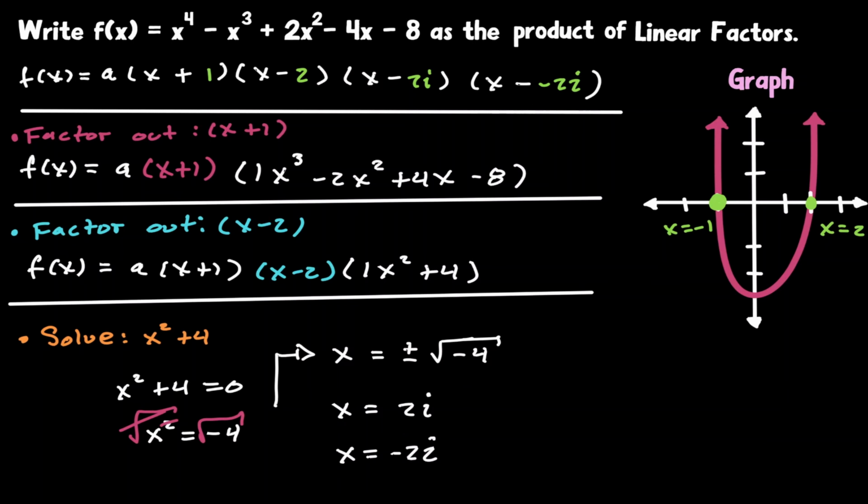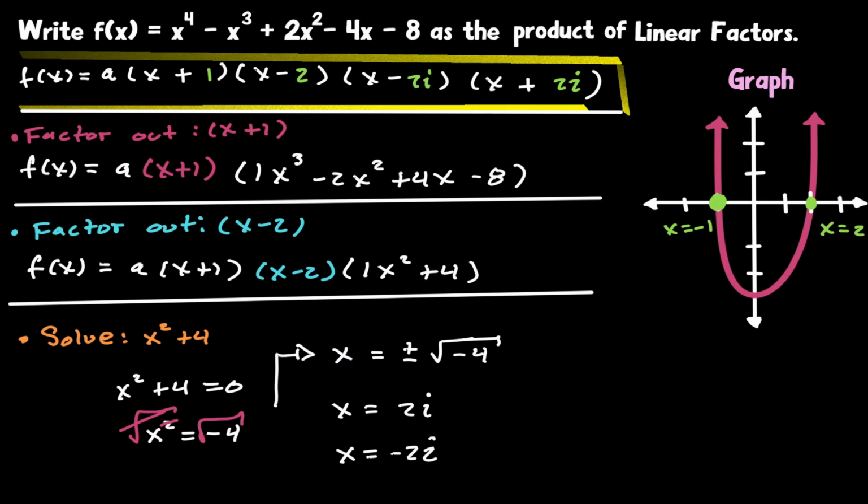Let's just clean this up, and instead of calling it minus a minus, let's just call it a plus. The product linear form of the polynomial that we were given can be written as some coefficient, let's call it a, times x plus 1 times x minus 2 times x minus 2i times x plus 2i, which is what we were looking for.